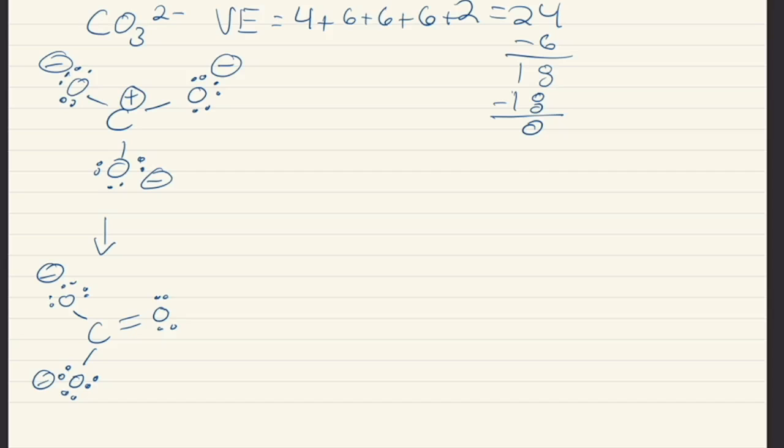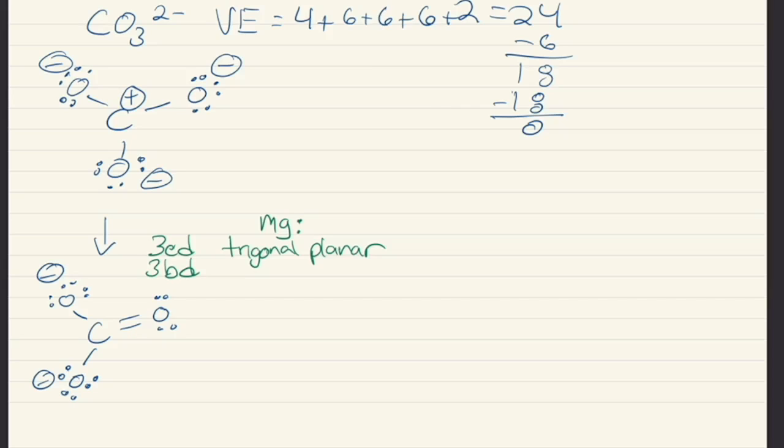If we want to be thorough, right, we have 3 electron domains, 3 bonding domains. We have trigonal planar molecular geometry and trigonal planar electron geometry. So molecular geometry is trigonal planar. Okay.